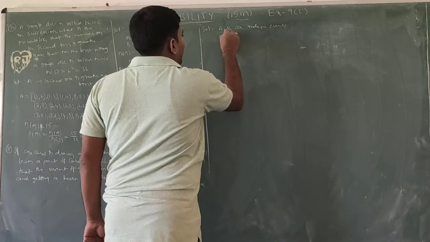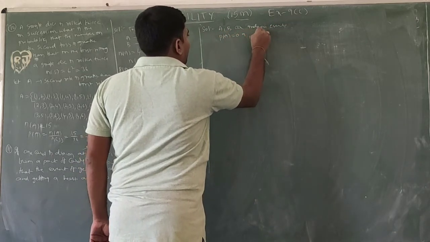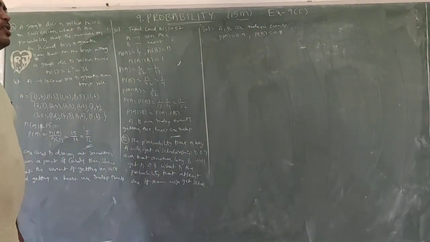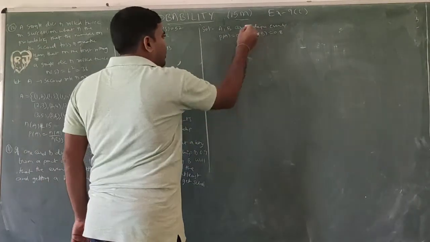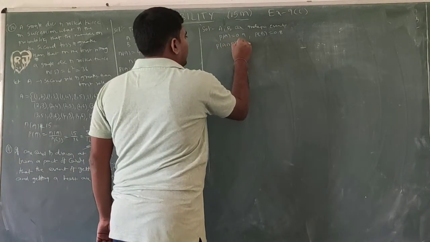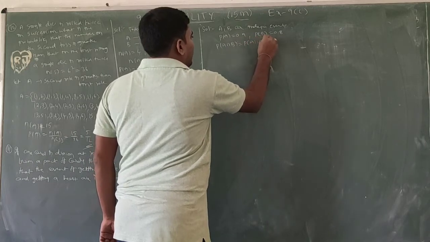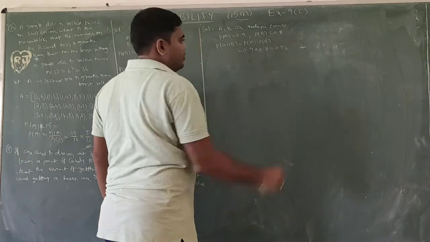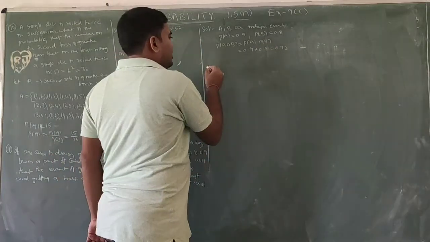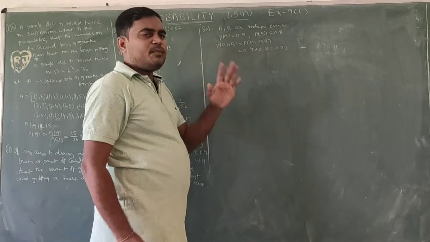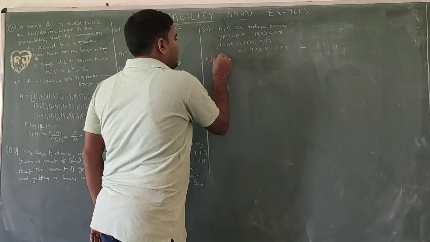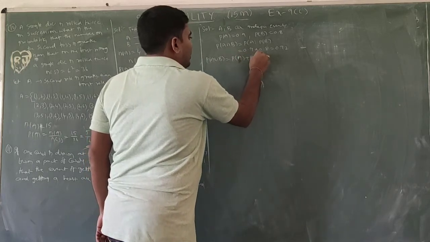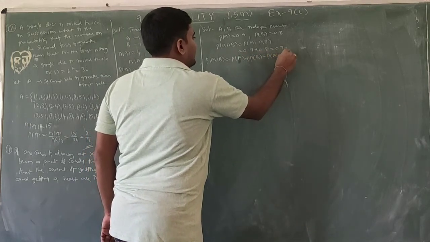So P of A equal to 0.9, P of B equal to 0.8. So independent events, P of A intersection B equal to P of A into P of B. 0.9 into 0.8 equal to 0.72. By addition theorem, at least one means either A or B. P of A union B equal to P of A plus P of B minus P of A intersection B.